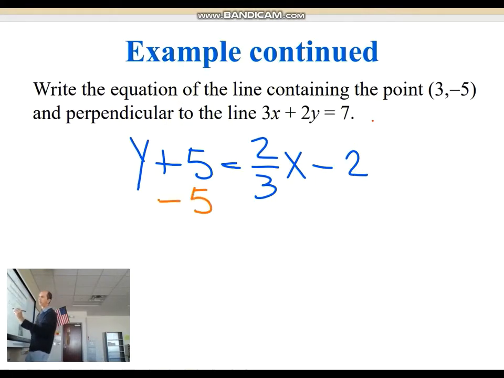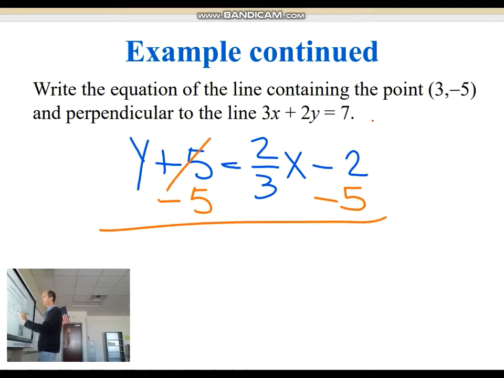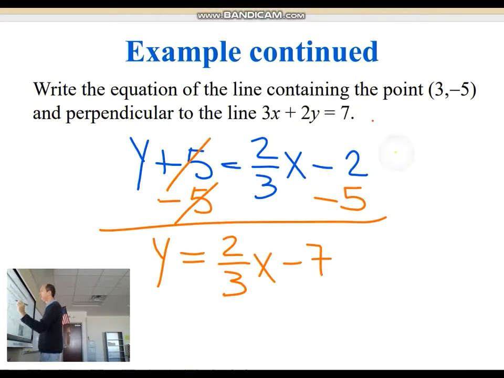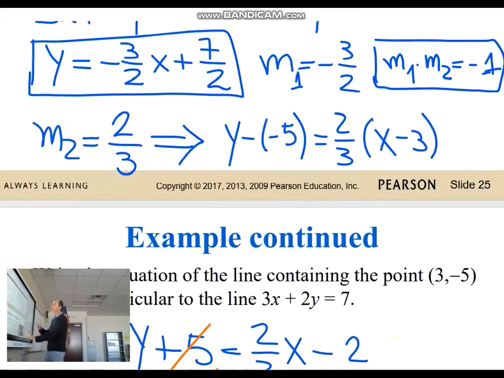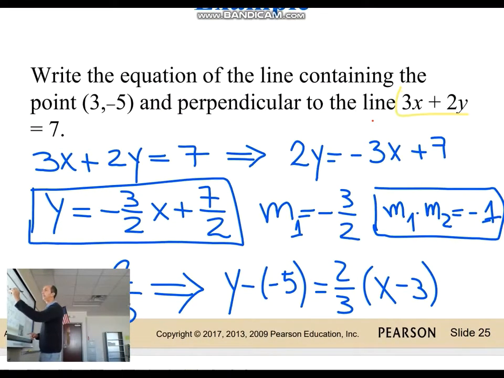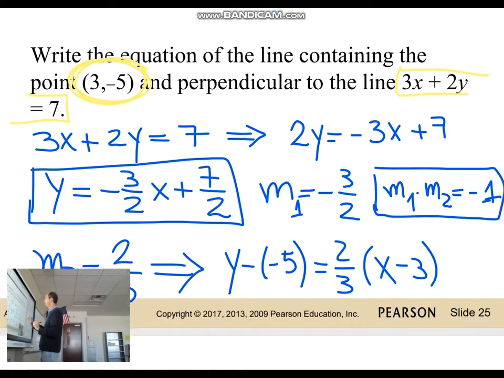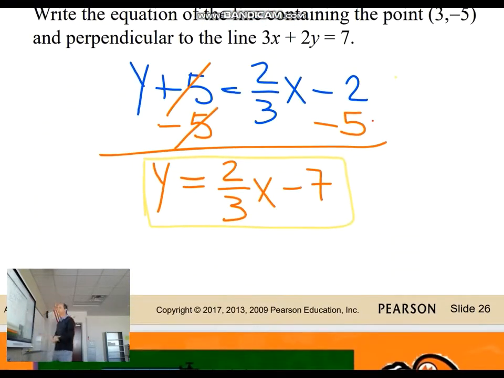Addition property, add negative 5 on both sides. And then you have y equals 2 over 3 x minus 7. This is going to be the answer. This is the equation of the line perpendicular to this line and containing this point. Right? This is going to be the right answer.